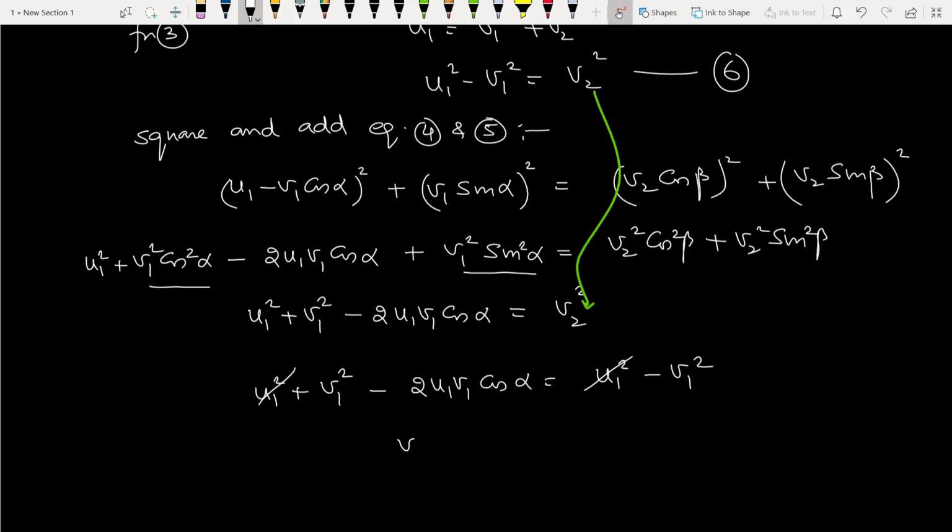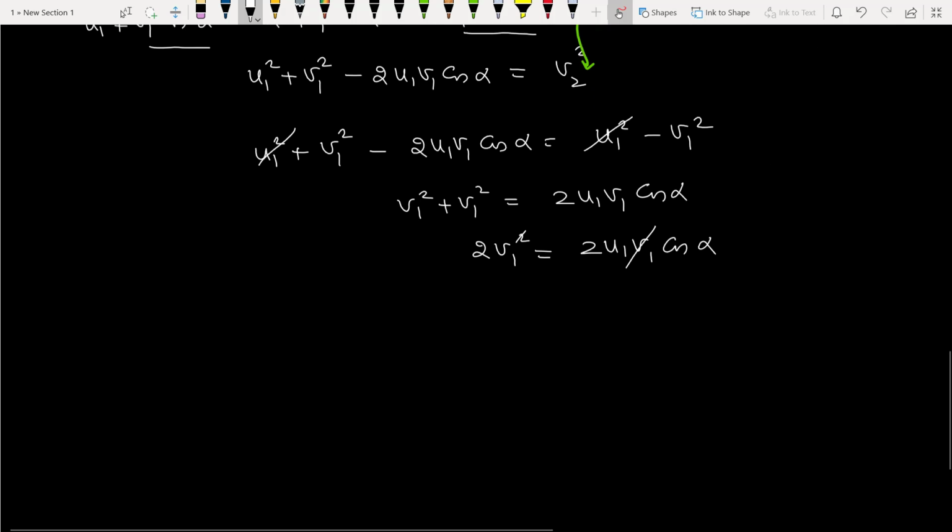So it will be v1 square plus v1 square equals 2u1 v1 cos alpha. So 2v1 square equals 2u1 v1 cos alpha. So one v1 cancels out, 2 cancels out, so v1 reduces to u1 cos alpha, and we will mark this as equation number 7.